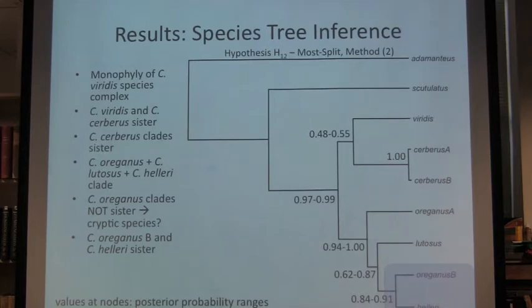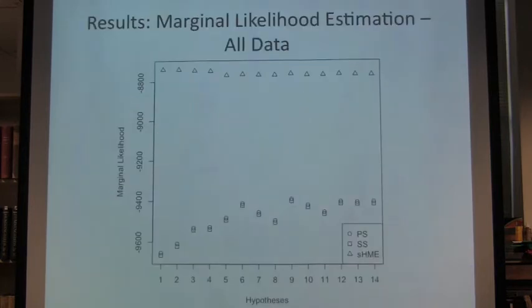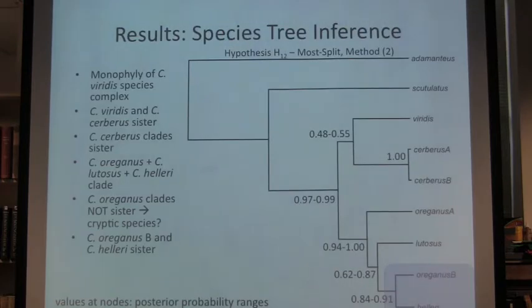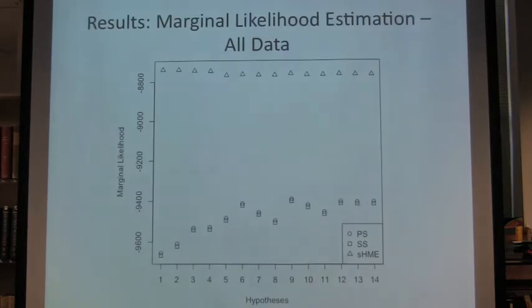Okay. So now that we've looked at the topology here, let's look at the marginal likelihood that was estimated for each of these hypotheses. So this is the marginal likelihood estimation using all the data. Immediately we see that the smooth harmonic mean estimator has provided incredibly inflated results.